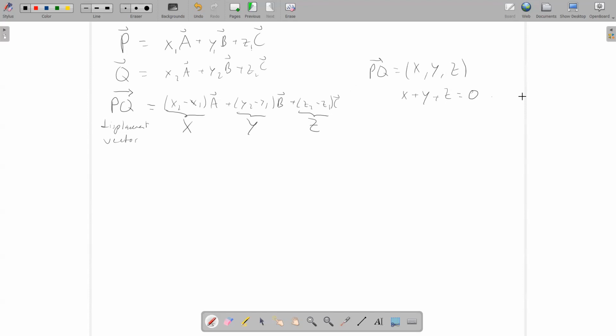Now, this can be useful for a myriad of reasons. The one we'll see right now is the distance formula. So suppose you have a displacement vector PQ equal to big X, big Y, big Z, so that this equals XA plus YB plus ZC.